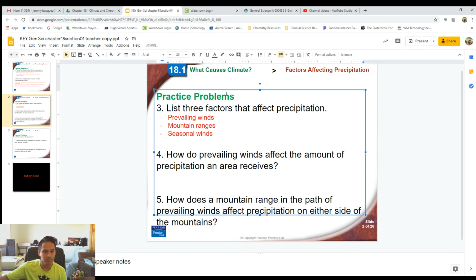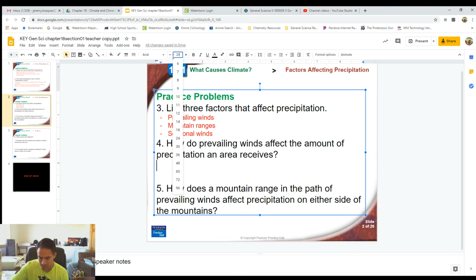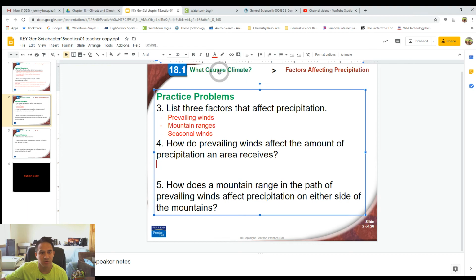Okay, all right, number 4, how do prevailing winds affect the amount of precipitation an area receives? So prevailing winds, again, are where we have air that is moving a certain direction. So prevailing winds can affect the amount of precipitation an area receives by moving water from one location into another location. Okay, so it can either cause rainfall or it can essentially decrease rainfall by pulling water away. So we'll say something along those lines.